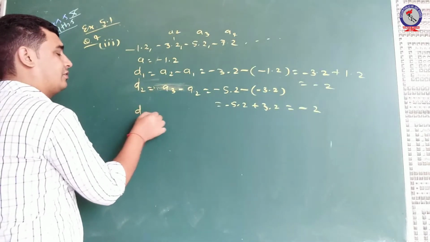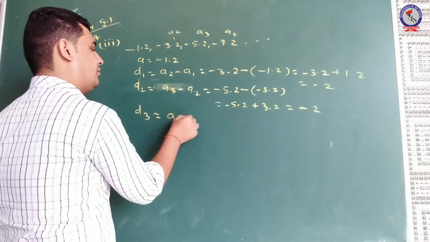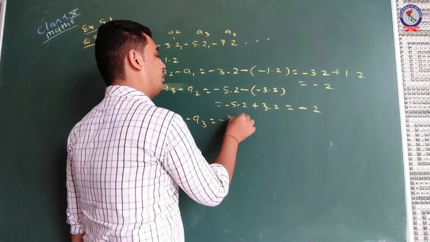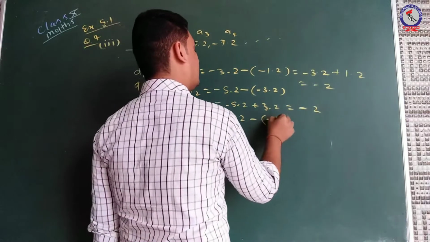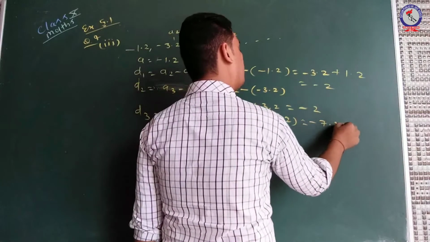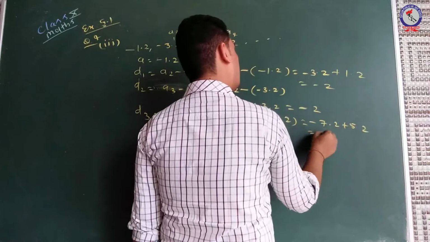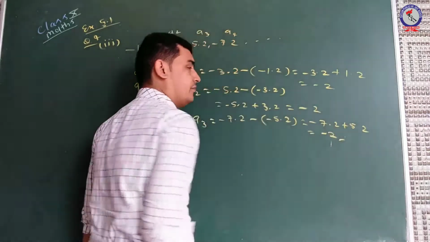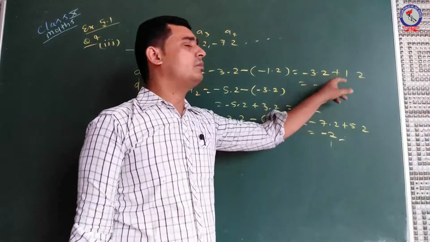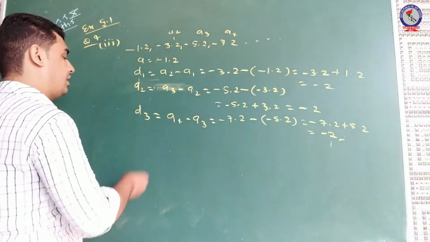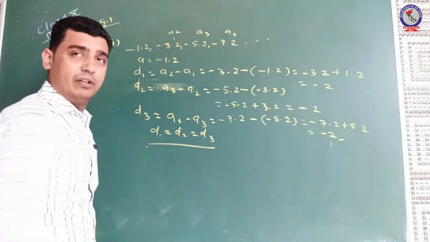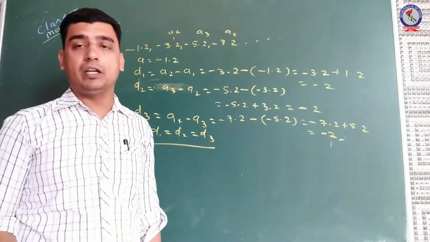Again we will try for D3, that is A4 minus A3, minus 7/2 minus minus 5/2, so minus 7/2 plus 5/2, minus 2. Okay. Minus 2. So we can say that D1 is equal to D2 is equal to D3. So the given series is in AP, arithmetic progression.